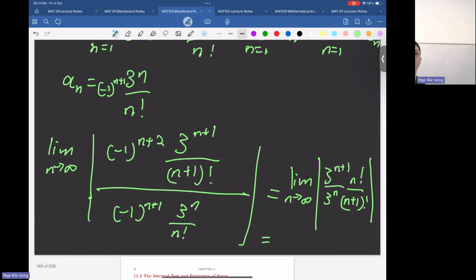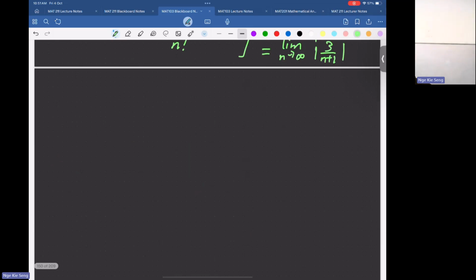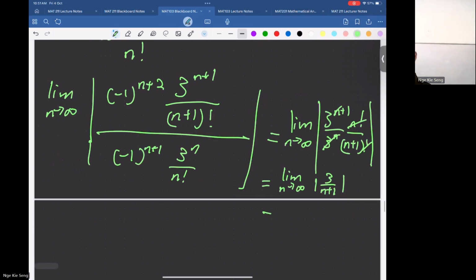What can cancel with what? 3 to the n cancels with the n power, and n factorial cancels with n plus 1 factorial. You are left with the modulus of 3 over n plus 1, which is just 3 over n plus 1. And then you go back to the limit of the sequence.